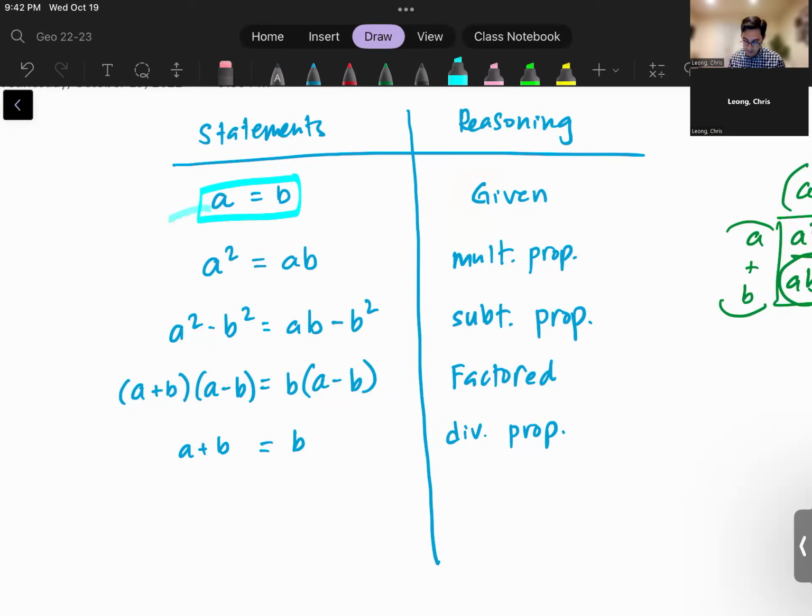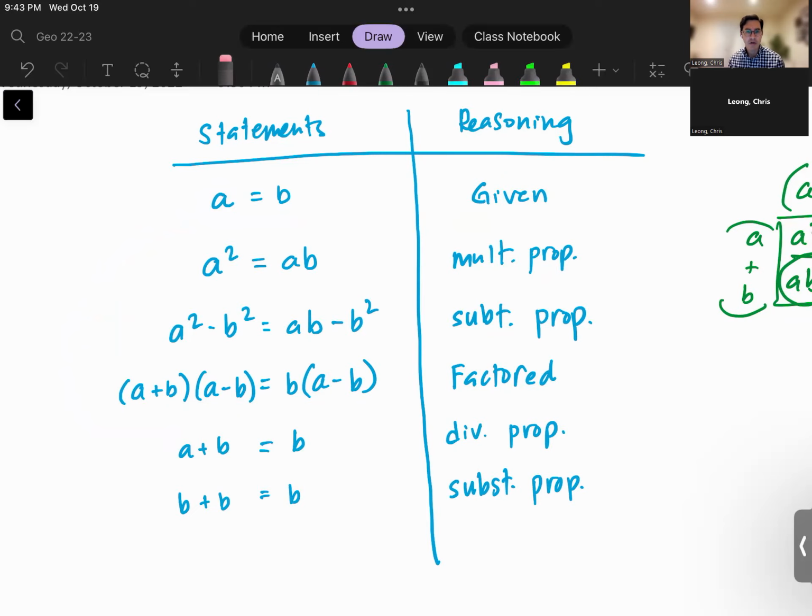Specifically, I'm going to replace the a in my current equation with a b, and I can do that because I've assumed, or I was given, the fact that they're equal. So we're going to substitute one for the other. Now I'm going to have b plus b is equal to b. Okay, so I'm making use of the substitution property. I'm substituting one variable for its equivalent.